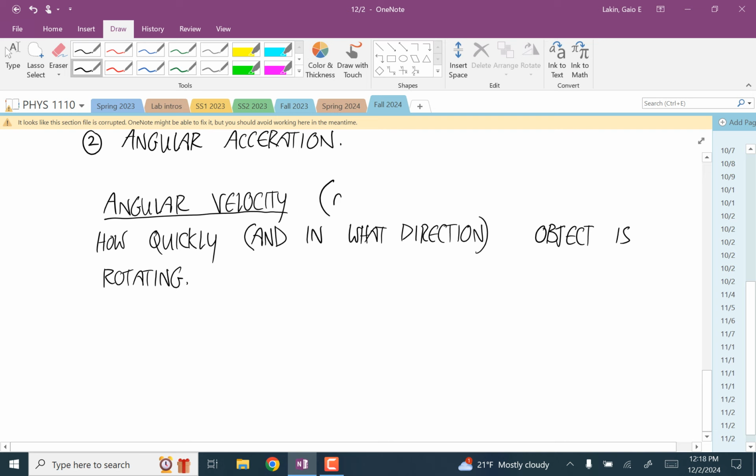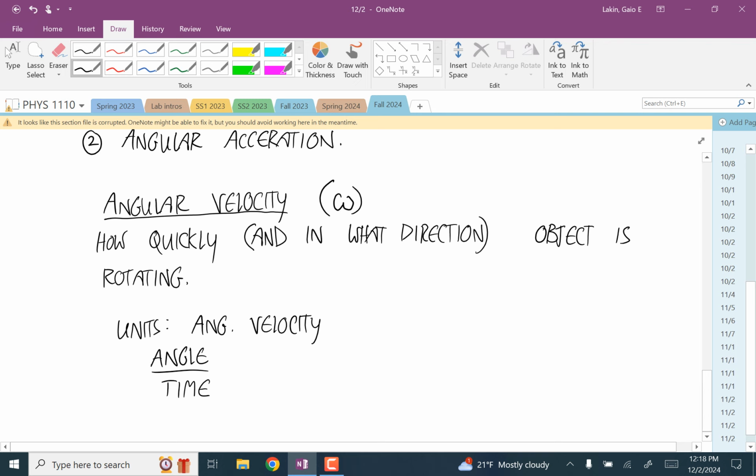It looks like a rounded kind of W. The units for angular velocity are units of angle per time.